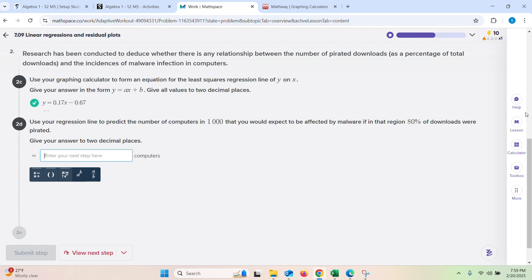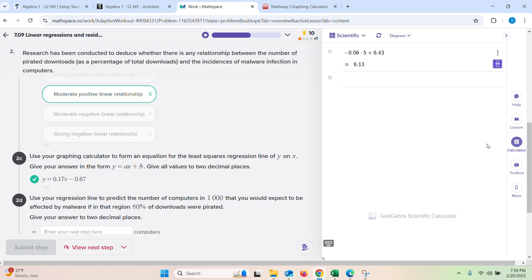All right, I can't write it down on a piece of paper because I'm videoing my screen. But if I go over here, I'm going to take 0.17, multiply it times the 80, and then subtract the 0.67. So all I did, over here, I use this equation, and for the x, I replace the x with 80.